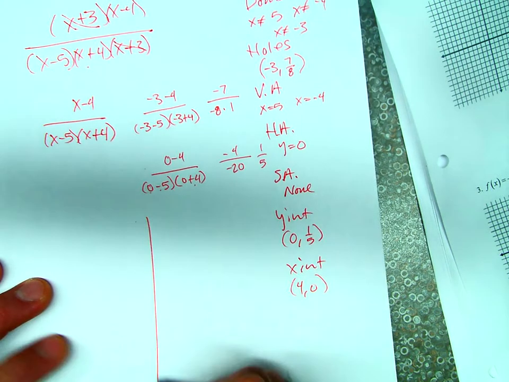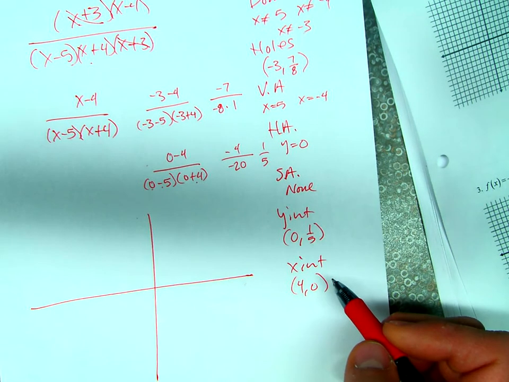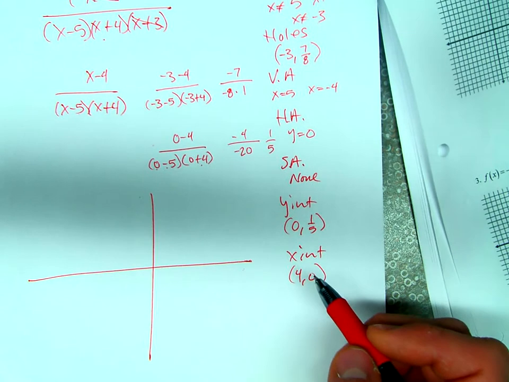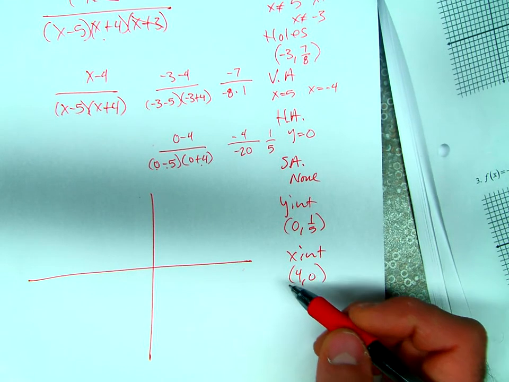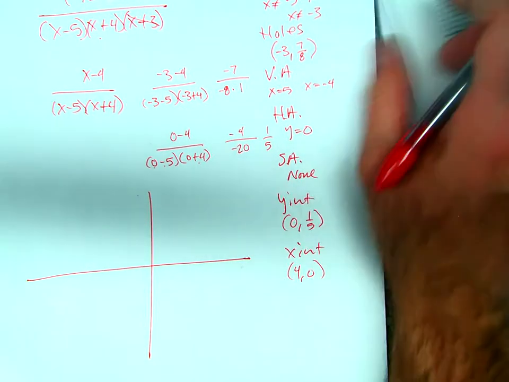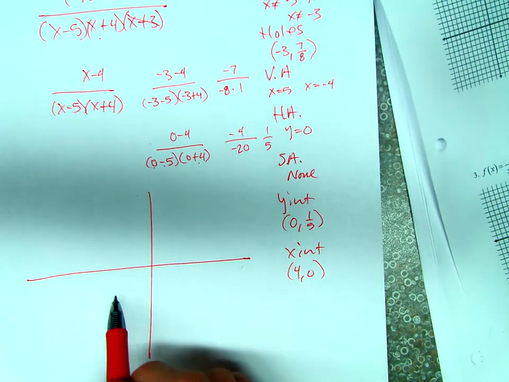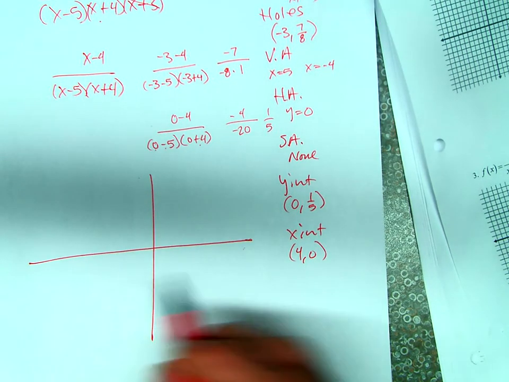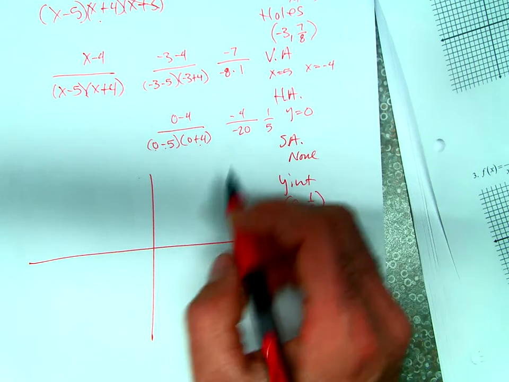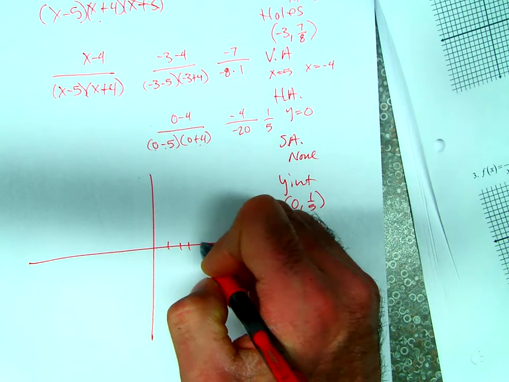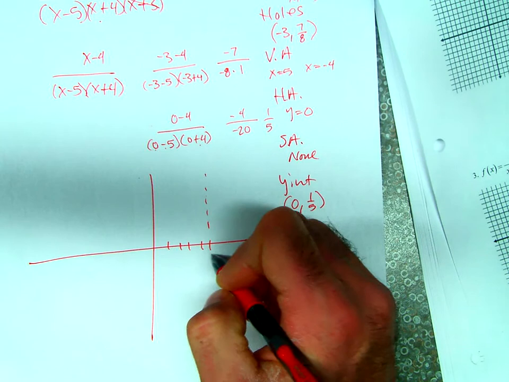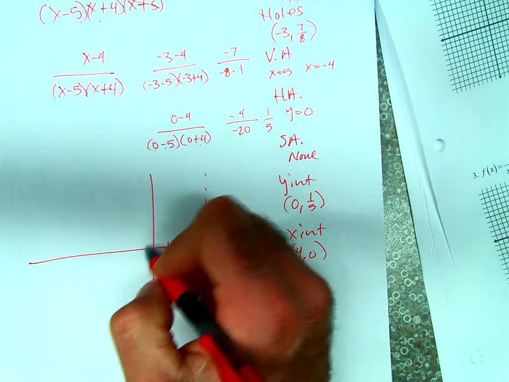All right. Ready to graph. What do we start with? You could start with the intercepts. It wouldn't make any difference. But for consistency, I'm always going to start with asymptotes. So we have one at 5, one at -4.